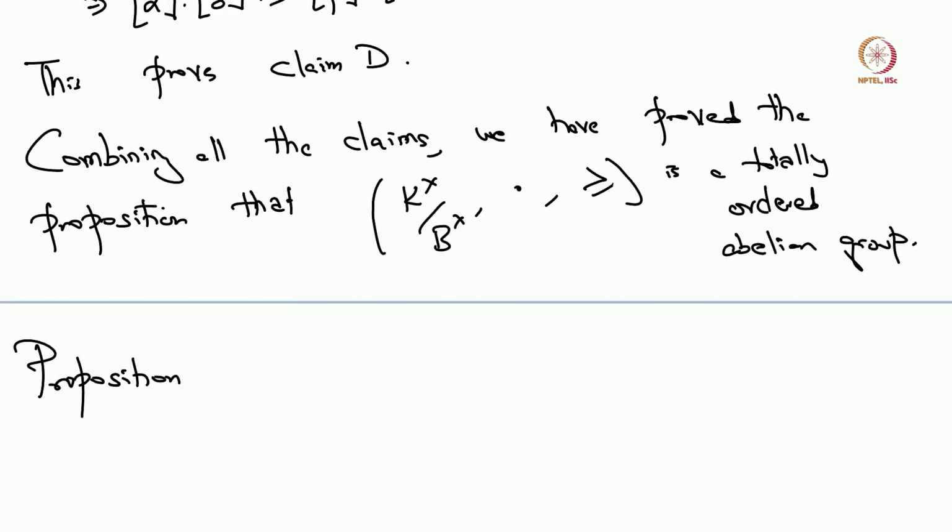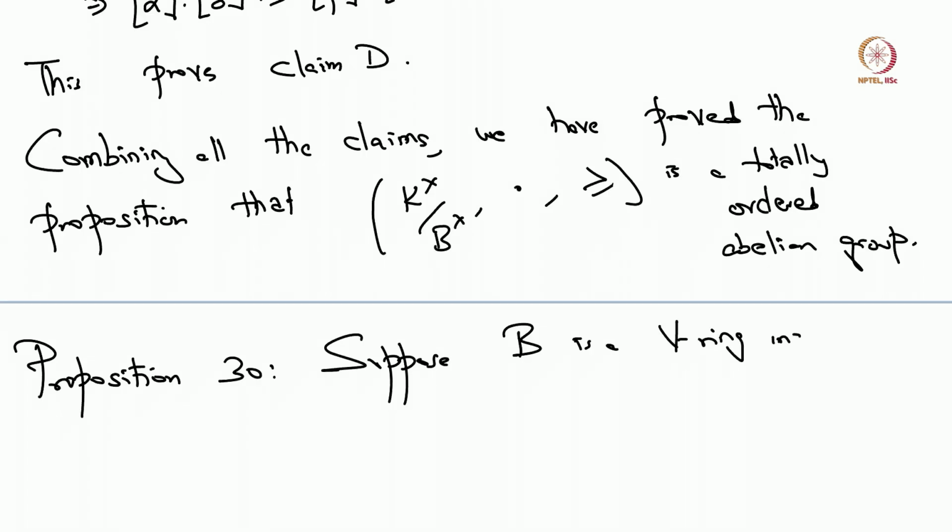And so now moving on to describing a valuation on K cross from this V ring B. So suppose B is a V ring inside K.